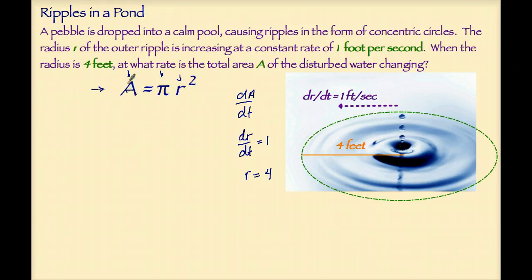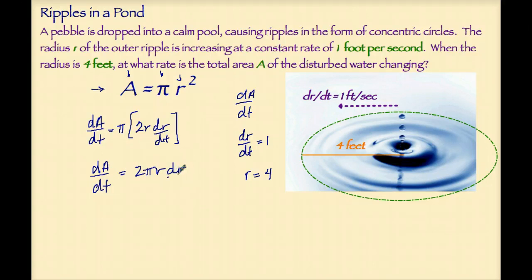The derivative of A then will be dA/dt, 1 dA/dt, equals pi times the derivative of r squared, which will be 2r dr/dt. To rewrite this, I'm going to have this function, 2 pi r dr/dt. This function will give me any of the quantities that I want given the other two.